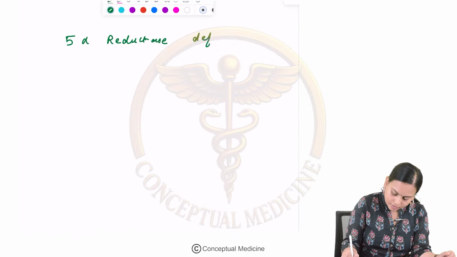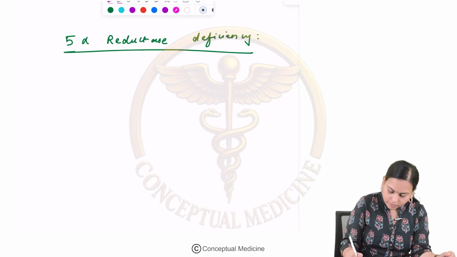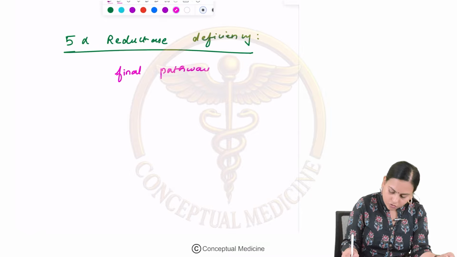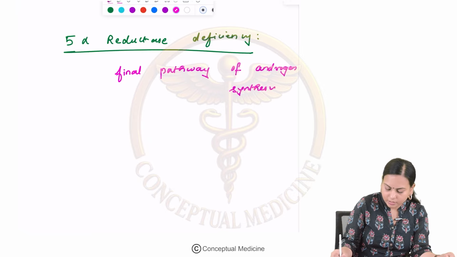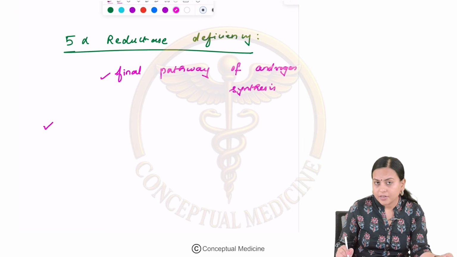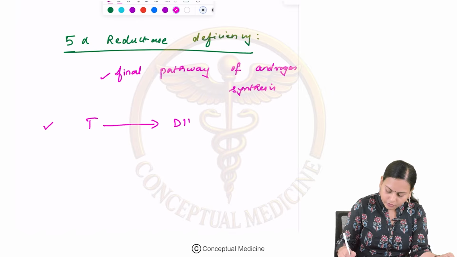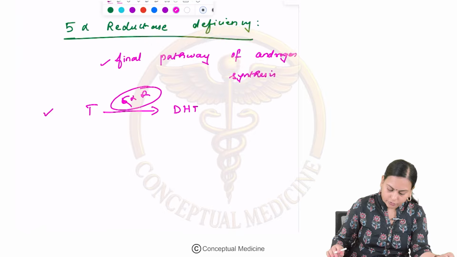So here there is a disruption of the final pathway of androgen synthesis in the testis. 5-alpha reductase, as I told you, is going to be involved in the conversion of testosterone to dihydrotestosterone.